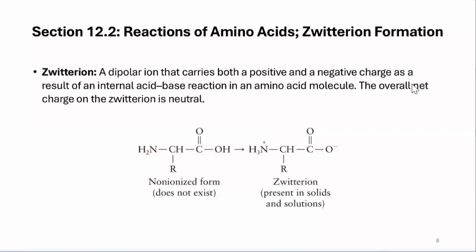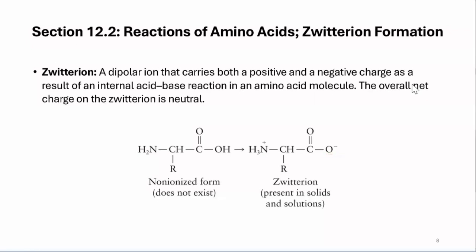Now, when a Zwitter ion forms due to changes in pH, what we can observe is that the amino side gets protonated and it gets an overall formal charge of +1 at the nitrogen. And then the carboxylic acid will lose a proton.